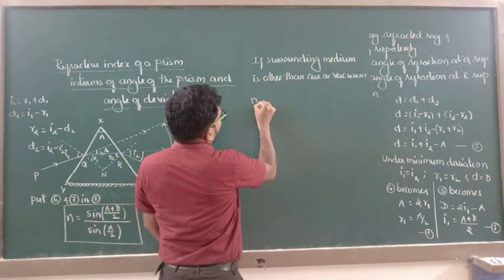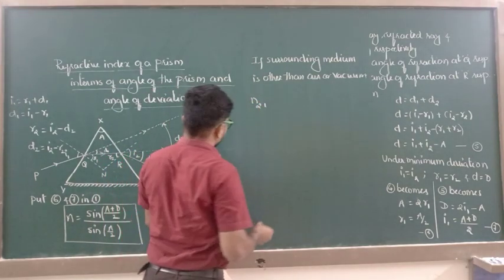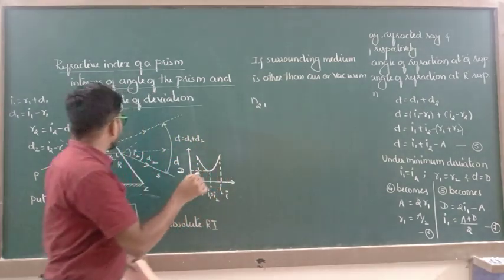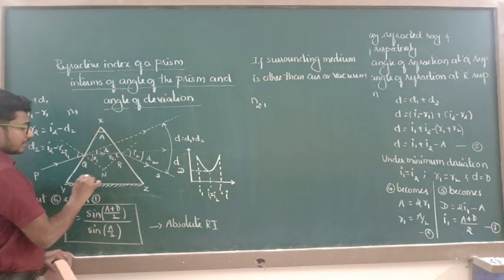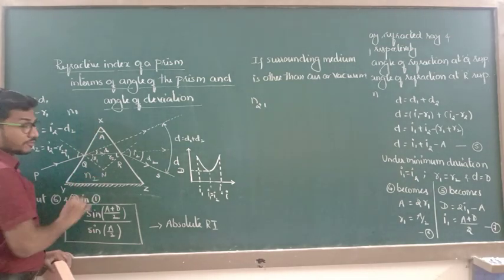Then N21, see here, refractive index of surrounding medium is N1, refractive index of prism is N2.